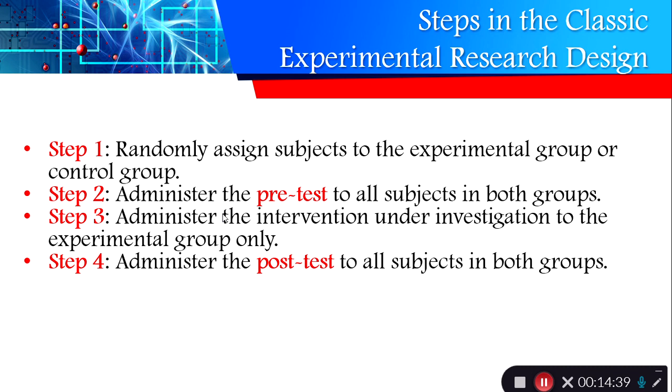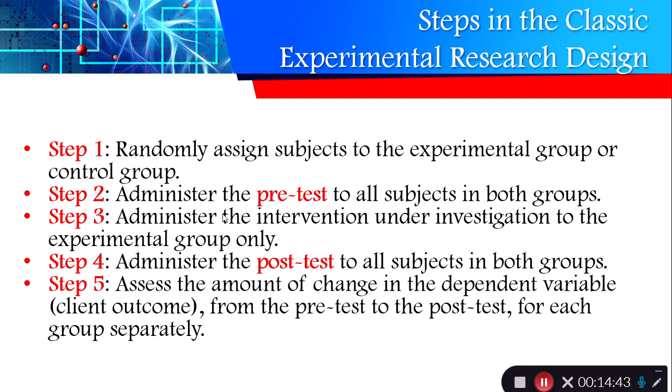We would administer the post-test to all subjects in both groups. And then finally, as I just mentioned, in our final step, we would assess the amount of change in the dependent variable from pre-test to post-test for each group separately, hoping that we would see the change that we would expect in our client outcomes, depending on the intervention that we are administering.